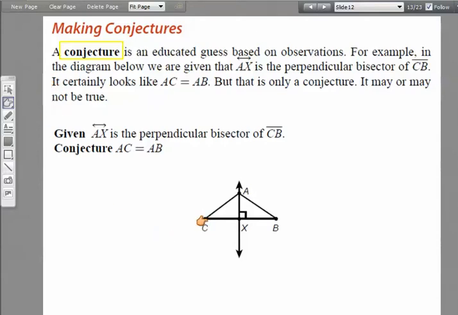So what they're saying is that this segment right here, AC, looks like it's congruent to this segment AB, and it really does look that way. But right now, we're just saying, hey, it looks that way. We have no proof. So the conjecture is AC equals AB. Until you prove it, it's just a conjecture.